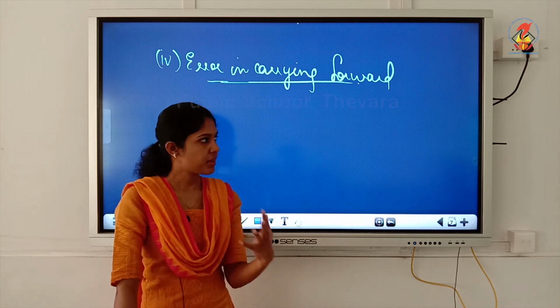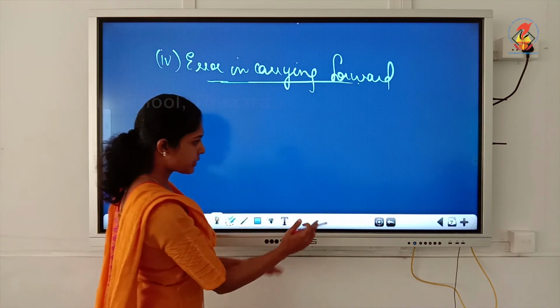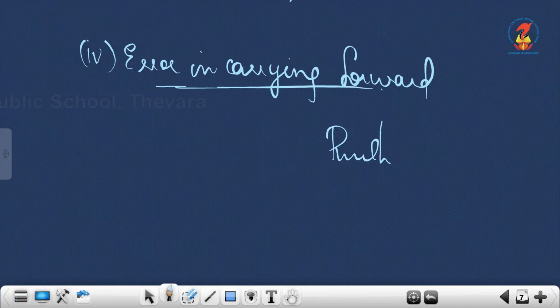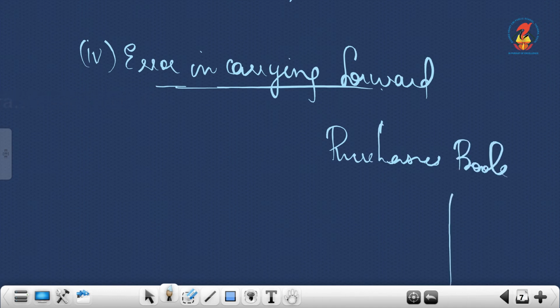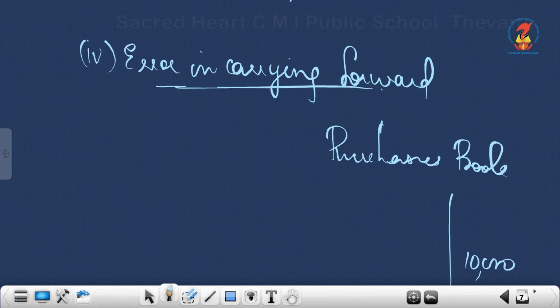Okay, that is the meaning of error in carrying forward. Suppose you totaled the purchases book, and when you added, you got the total as rupees 10,000. You did the calculation correctly, totaling was correct, there is no error in casting, but when you took this amount to the next page, you wrote 1 lakh instead of 10,000.